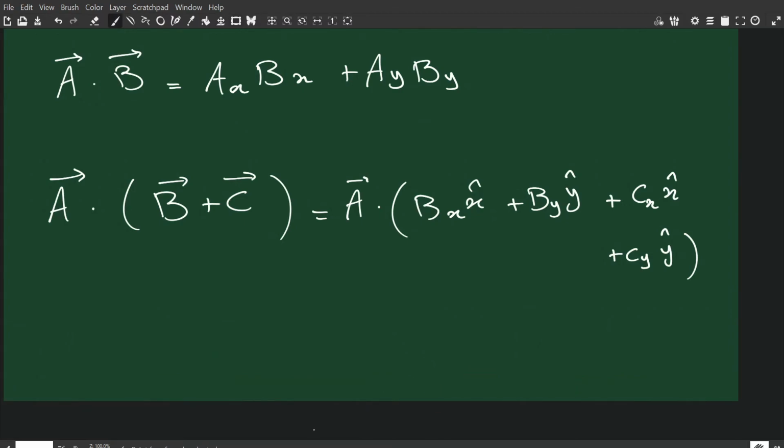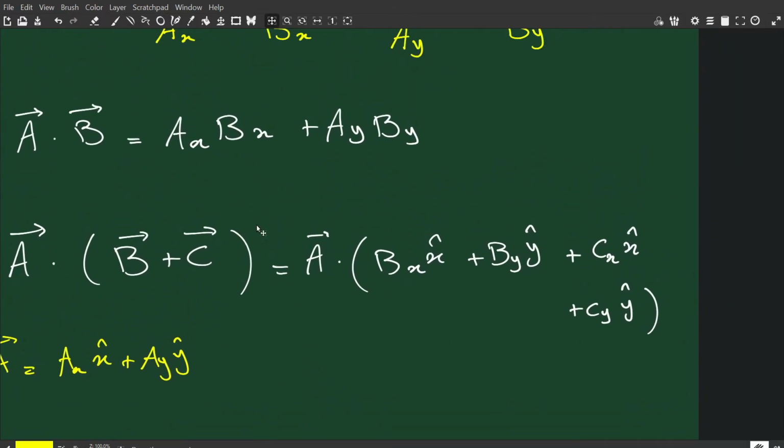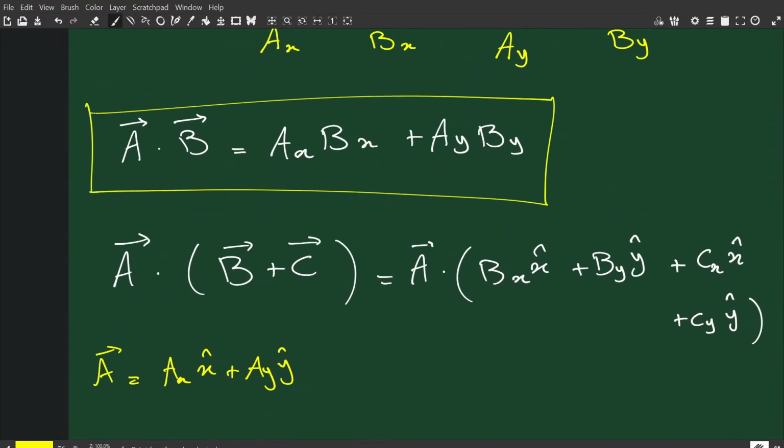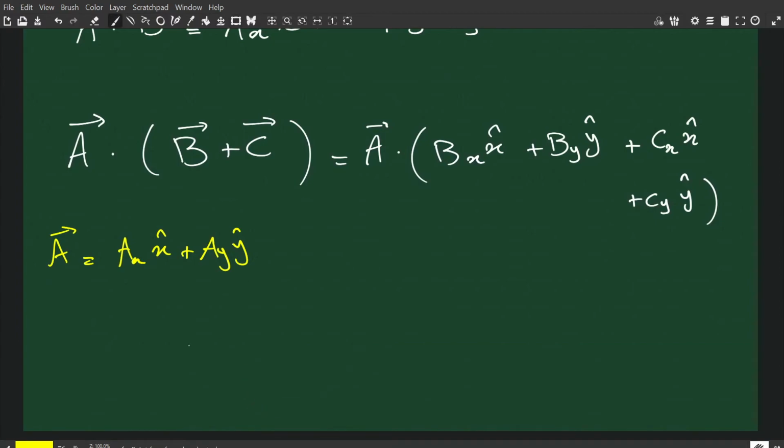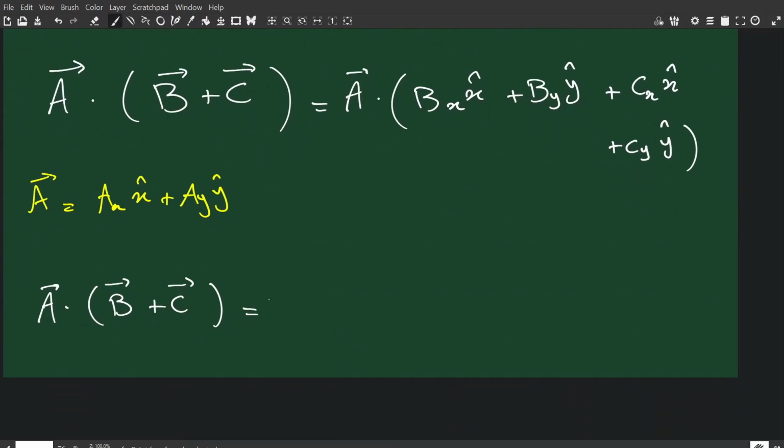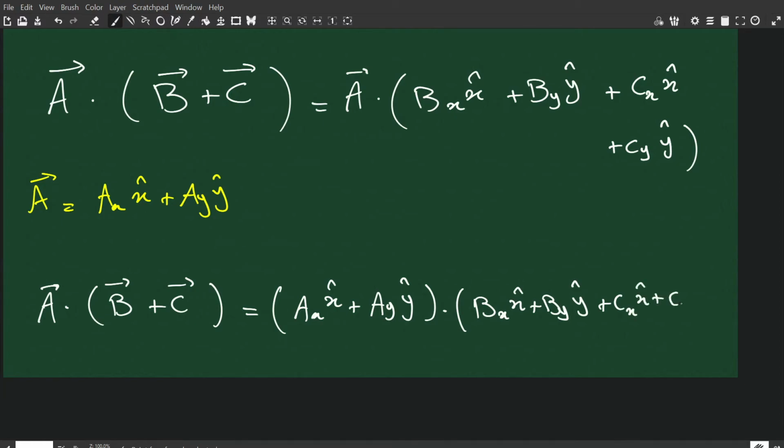So as we said, you can write A also like this, and you can use this method to calculate the dot product, and it will give you A dot B plus C as AX x hat plus AY y hat dot BX x hat plus BY y hat plus CX x hat plus CY y hat.